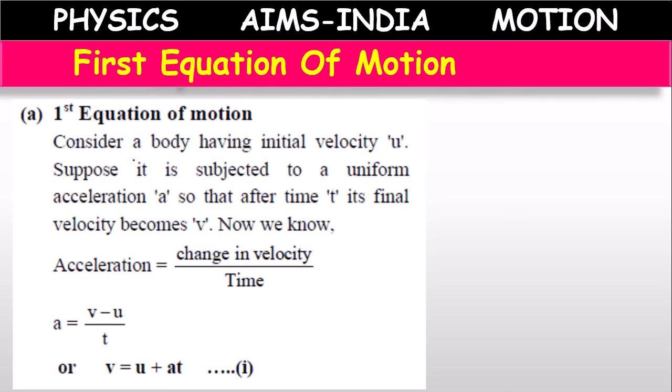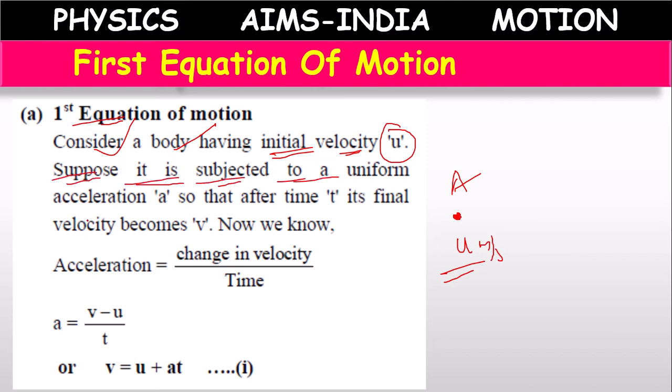So we have the first equation of motion. Consider a body having initial velocity u. Suppose any moving body is at position A, and its starting velocity is u meter per second. Suppose it is subjected to a uniform acceleration a.